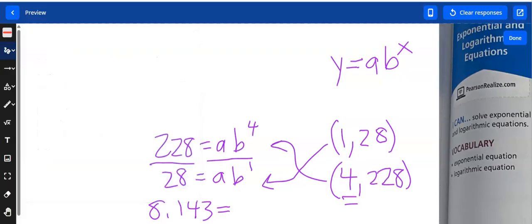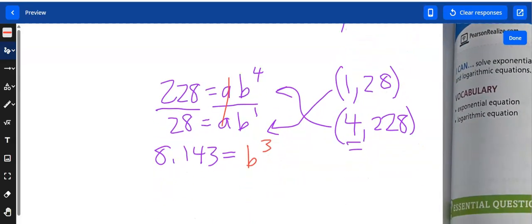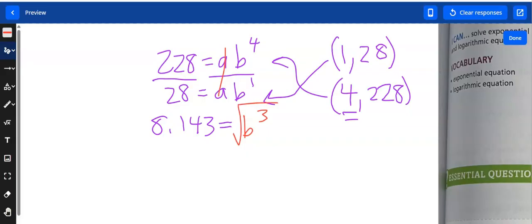Anything cancel out? The a's, and so we're left with b to the 3rd. How do we get rid of the 3rd power? We take the cube root. Thank you very much. So we're going to do it in an ugly cube root, 3 math. And we take the cube root of the nastiness and get 2.012.